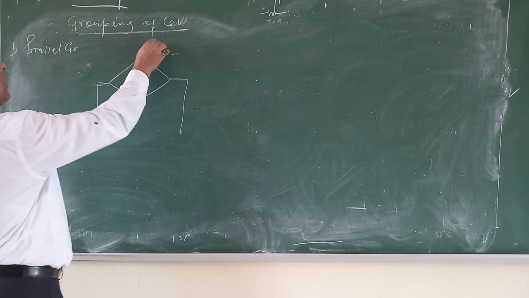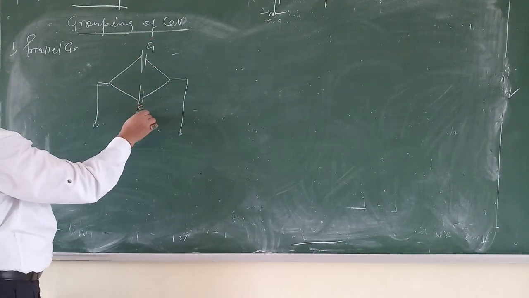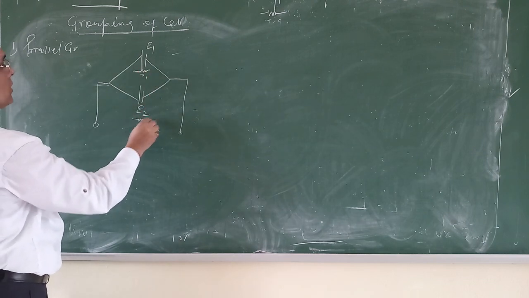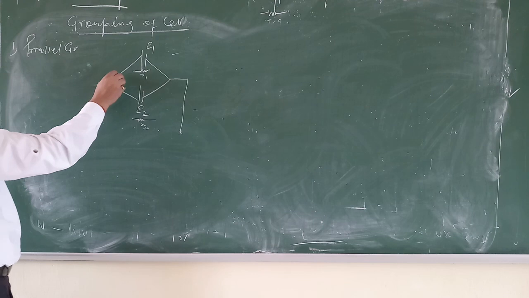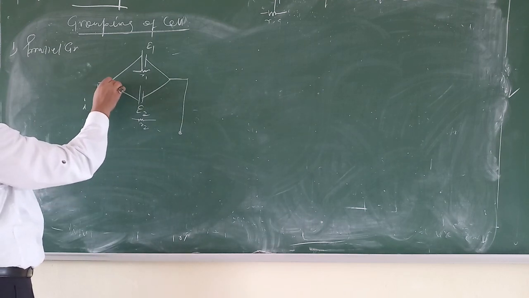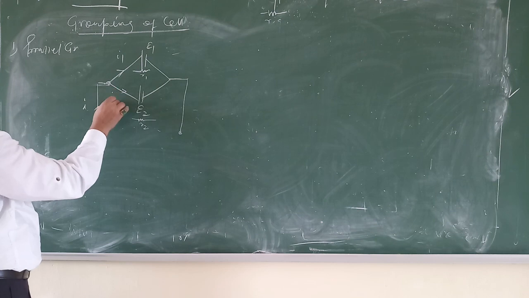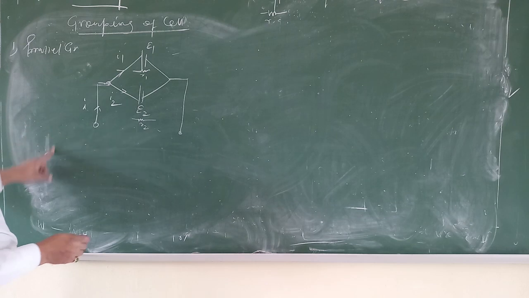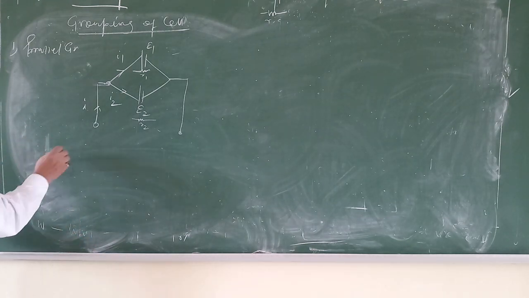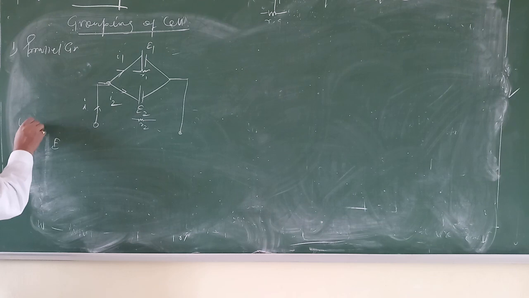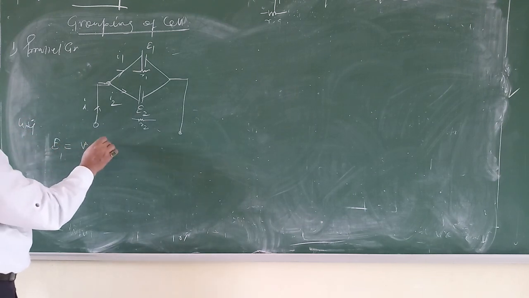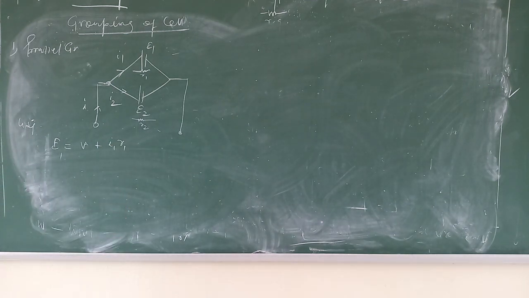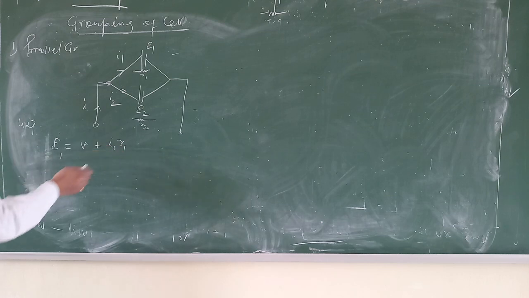Let the EMF of this cell be E1, EMF of this cell be E2, internal resistance of this cell R1, and internal resistance of this cell R2. Let current I flow from here, with current I1 on this side and I2 on this side. Here you can write, using the formula, E1 equal to V plus I1 R1.